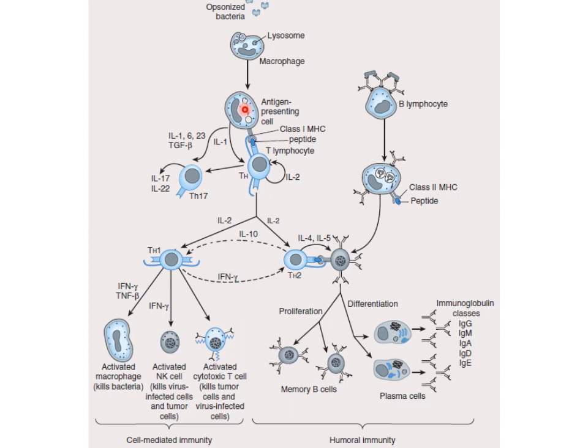So this is the engagement of the antigen presenting cell with the T helper cell. After completing signal 1 and signal 2, the TH cell is activated, and this activated TH cell is differentiated into the TH1 cell and TH2 cell.